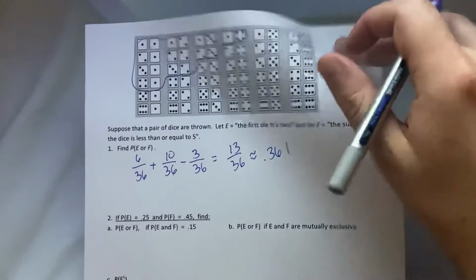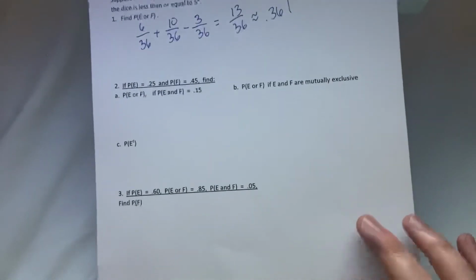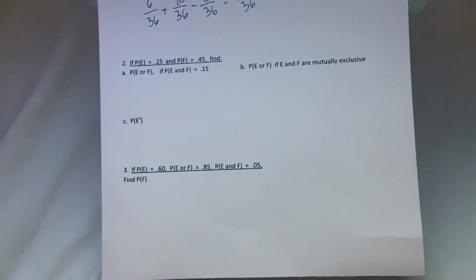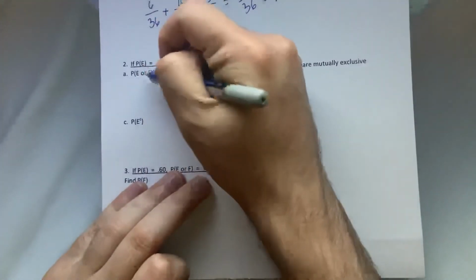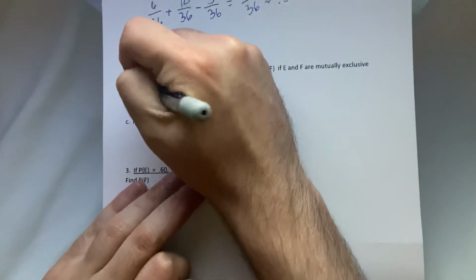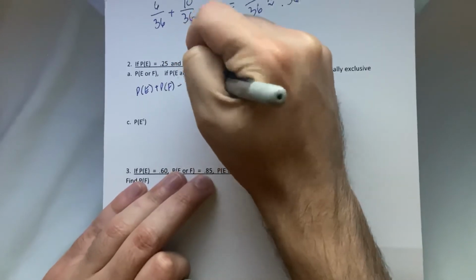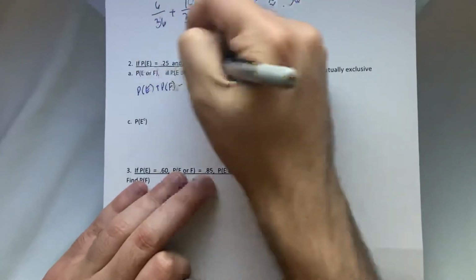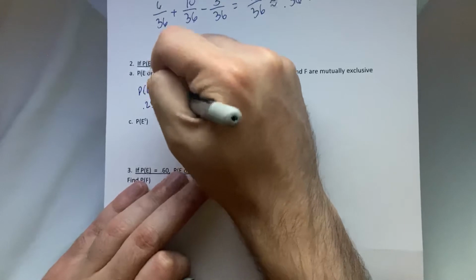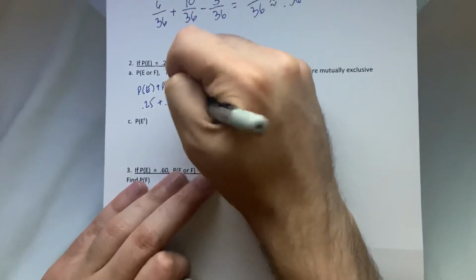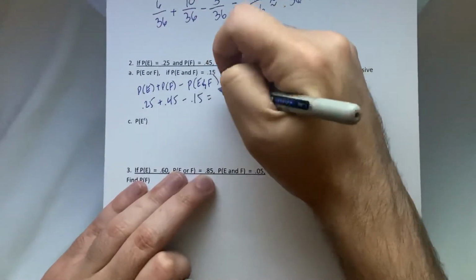Now some general problems. The probability of E equals 0.25 and the probability of F equals 0.45. Find the probability of E or F if P(E and F) is 0.15. So this is just completely theoretical. Remember, to find the probability of E or F, it's the probability of E plus the probability of F minus the probability of E and F. So that would be 0.25 plus 0.45 according to the problem, minus this 0.15, which is 0.55.